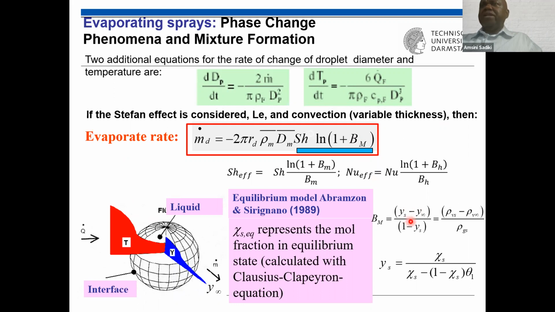To determine this, we need the mass fraction at the interface, because it is derived from the carrier phase calculation. It can be determined by using the equilibrium model, for example, or the non-equilibrium model.